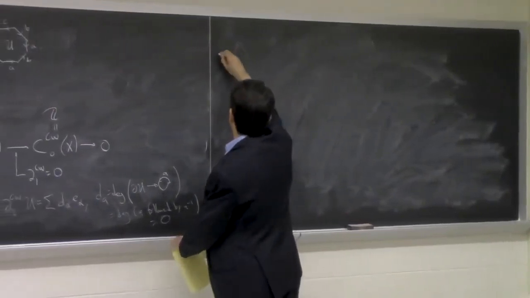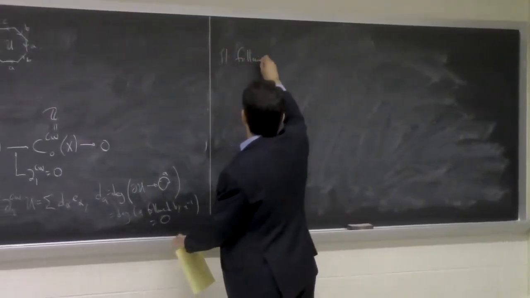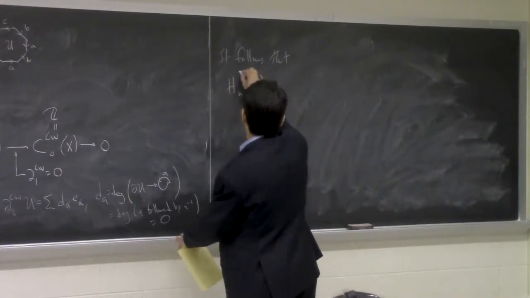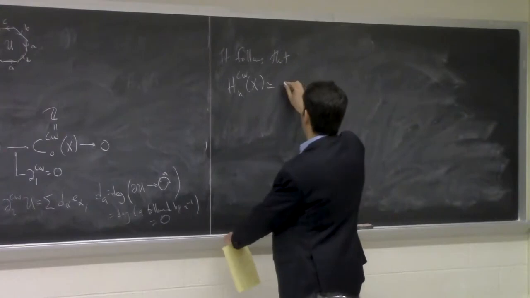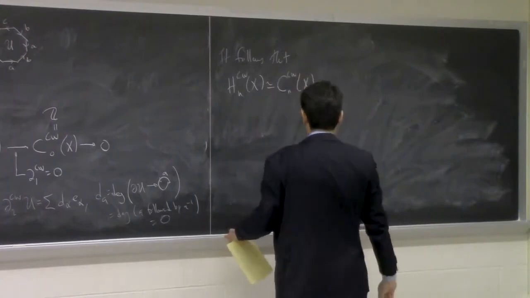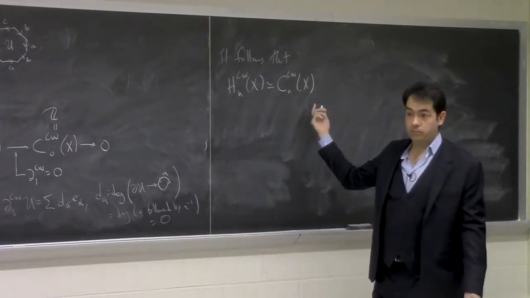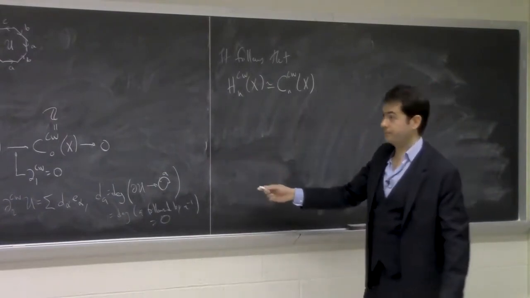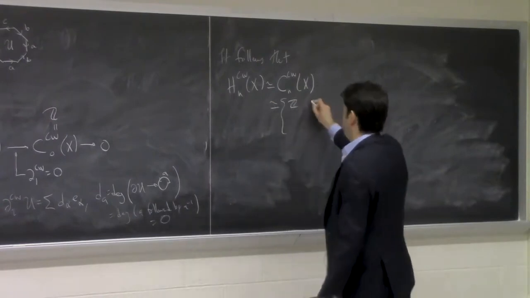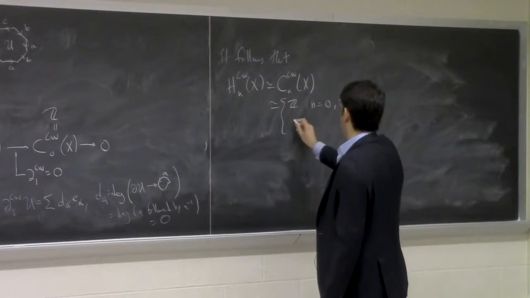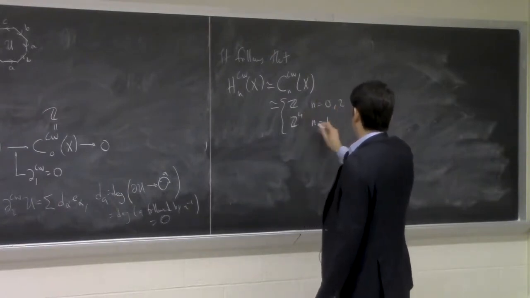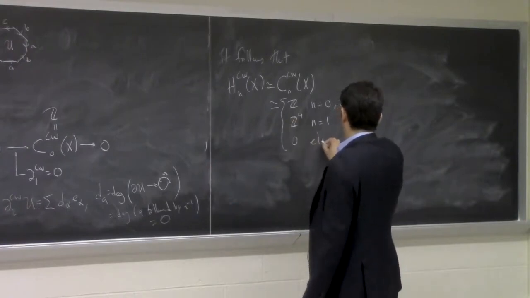So it follows that the homology, that's what was CW homology, is the same as the corresponding chain group, right? Because all of the boundary maps are 0. So this is just Z if n is equal to 0 or 2, Z to the 4th if n is equal to 1, and 0 else.